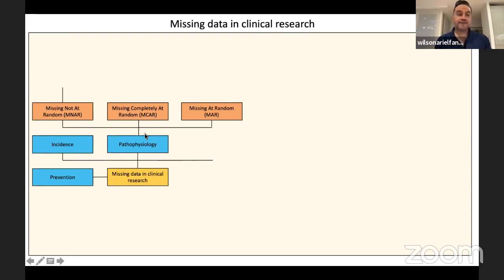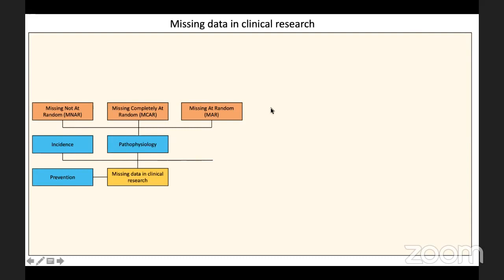So what's the difference? Can anyone tell me what's the difference between these concepts? Hi, Wilson. My name is Ana Maria. I think for missing completely at random, there's no influence of observed or unobserved variables or factors. They say it's actually quite unusual to happen, but it's completely random. There are no external factors influencing the missing data.